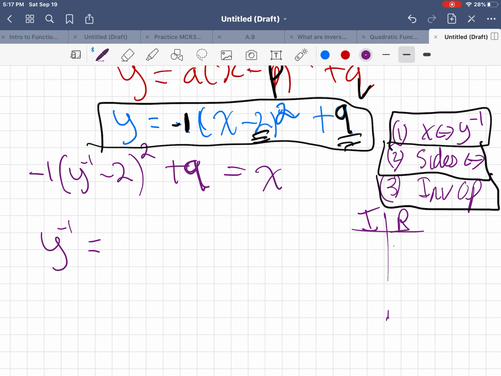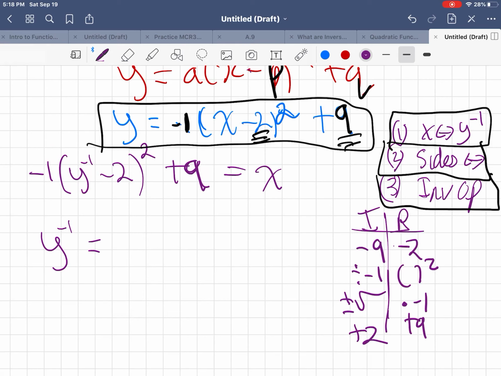So let's record all of those things: minus 2, square, multiply by negative 1, plus 9. Now let's do the inverse: minus 9, divide by negative 1, square root, plus and minus, plus 2.